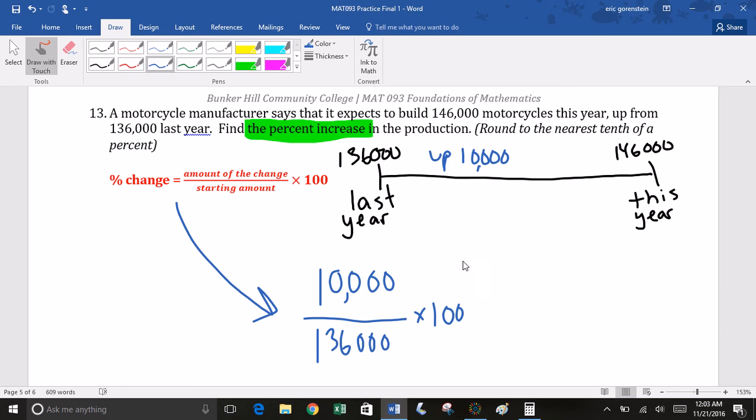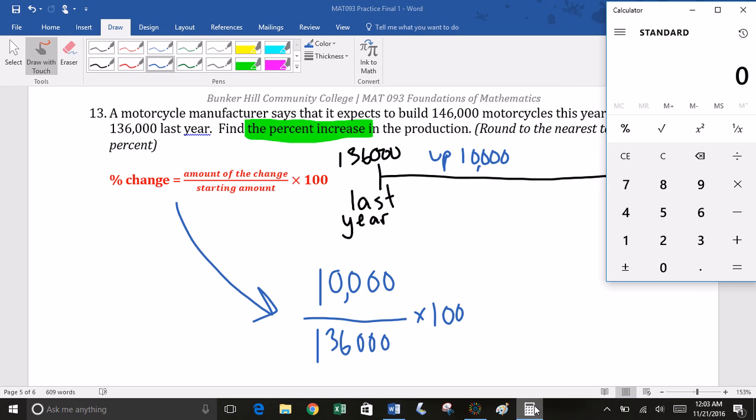Okay, so let's bring out the calculator for this one. We'll do 10,000 divided by the starting value, which is 136,000, multiplied by 100.